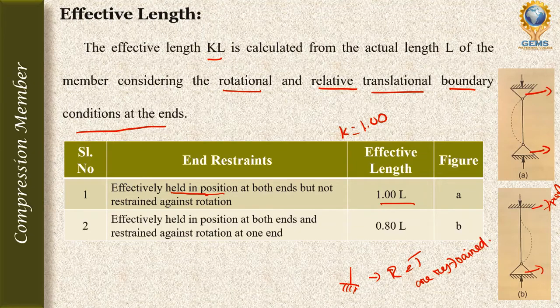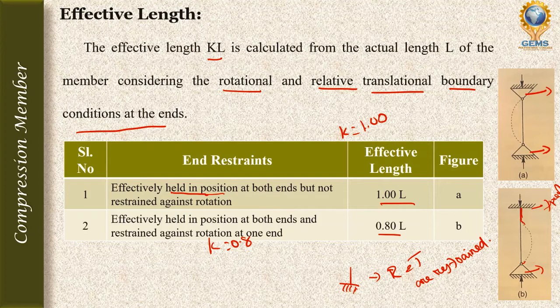So up to a certain distance, there will be no movement or displacement. Buckling will start from here and it will end here. So your K constant for the second condition is 0.8, so your KL is equal to 0.8 into L. We have to remember these things for your exams.